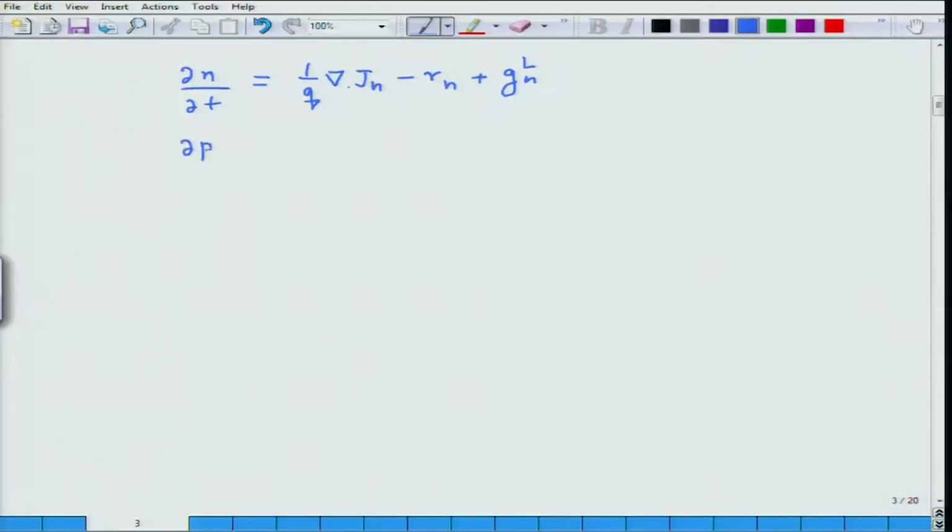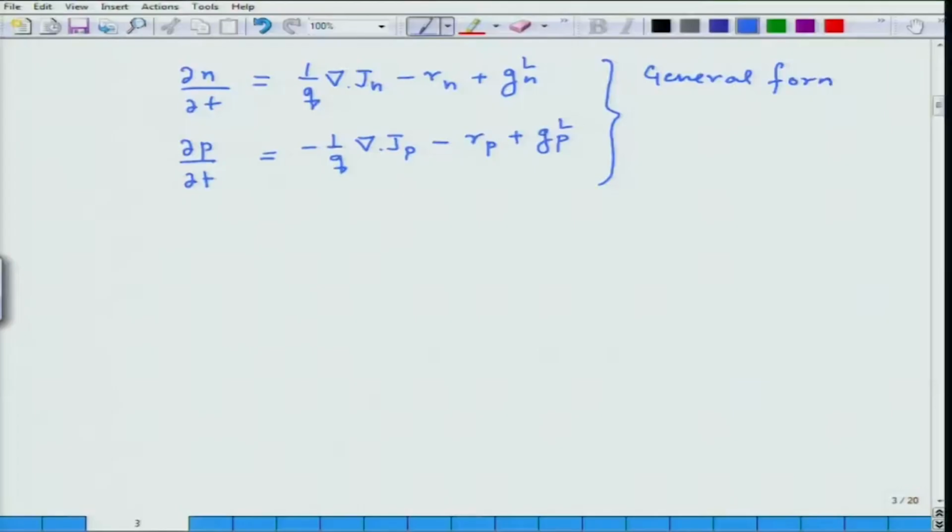The counterpart of it for holes will be written as del p del t equals negative of 1 over q gradient of the current density due to holes minus a thermal RG process term plus G p. So, this is my general form for continuity equation, which is a simplified form for optoelectronic devices.